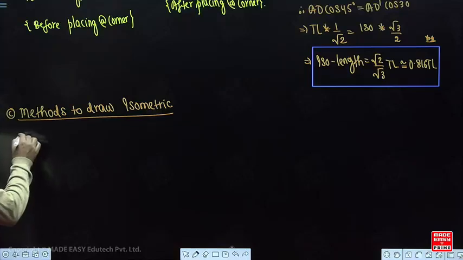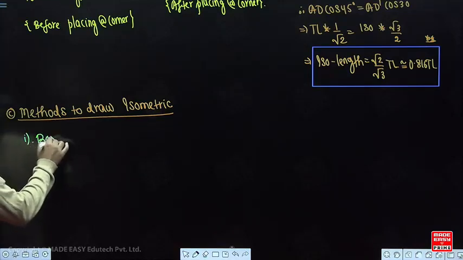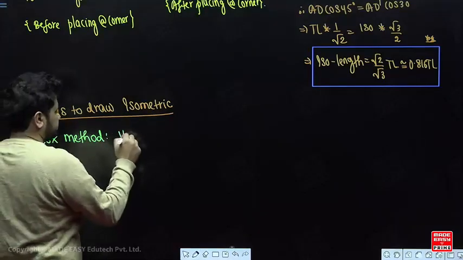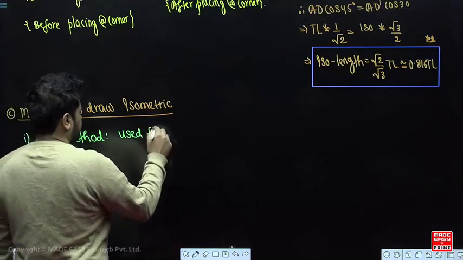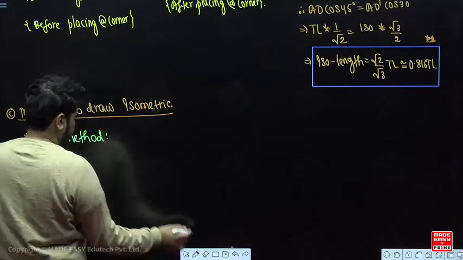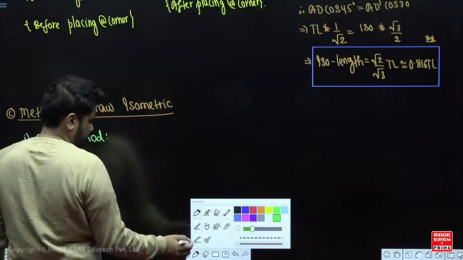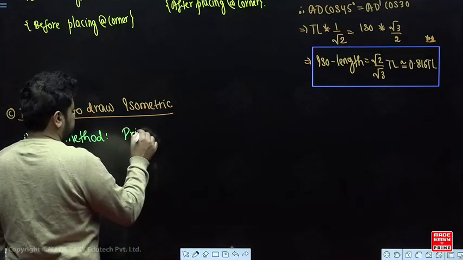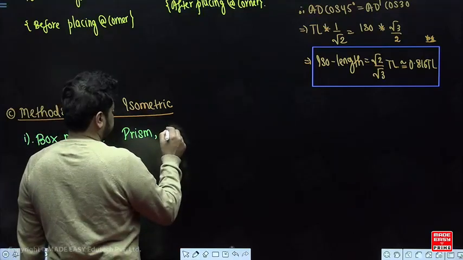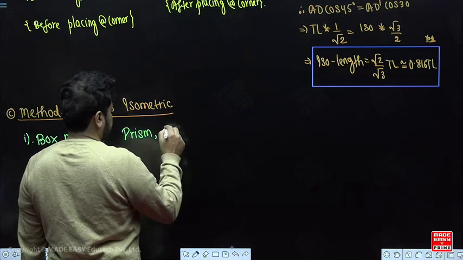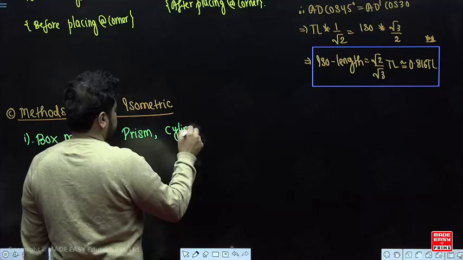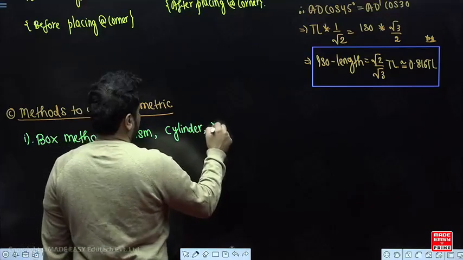राइट। इसमें जो पहला मेथड, इट इज कॉल्ड एज बॉक्स मेथड। बॉक्स मेथड, इट इज यूज्ड फॉर प्रिज्म, non isometric lines, for prism, pyramid, you can say cylinder, and non isometric lines.